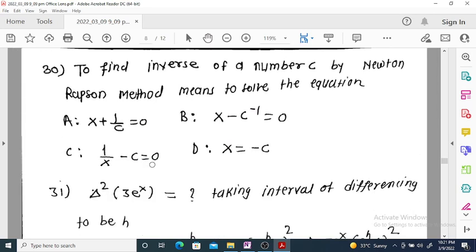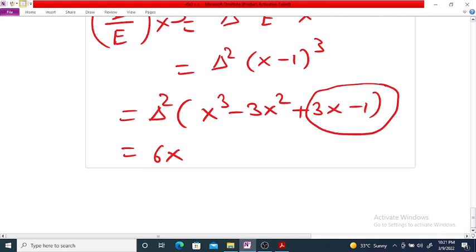To find the inverse of a number c by Newton-Raphson method. Now, the inverse of a number by using Newton-Raphson method.